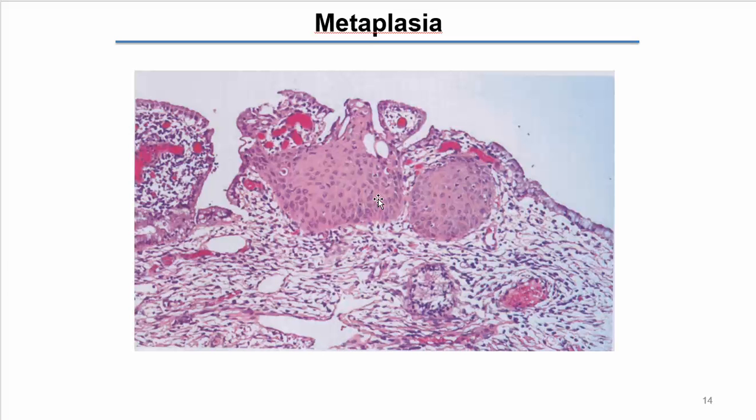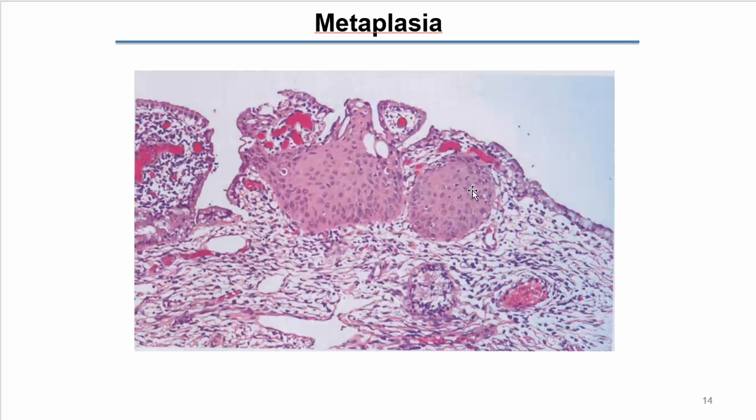Now, if the injury goes away, if the persistent insult goes away, then eventually these cells just die and are replaced with these cells. And this will be reversible and it will go away.